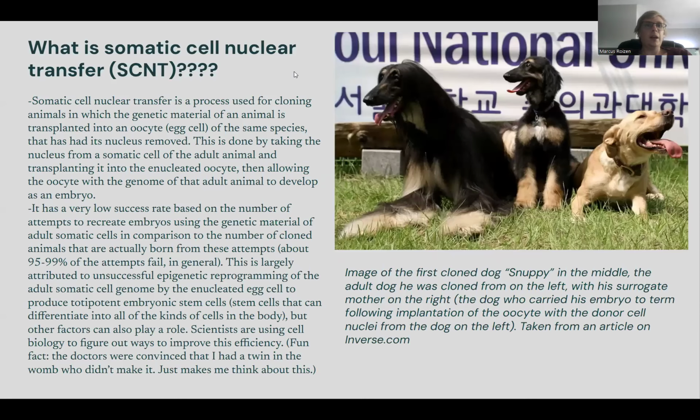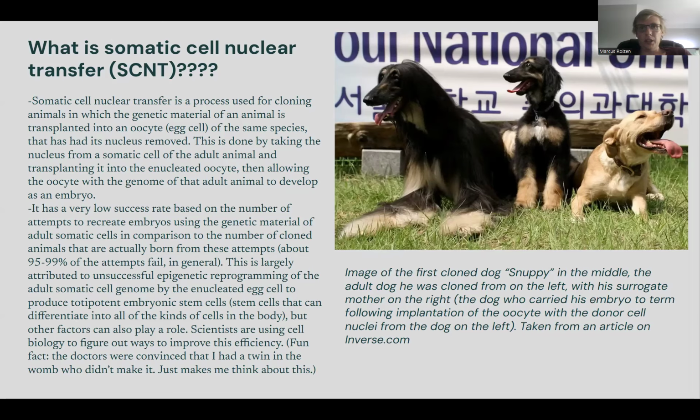So, somatic cell nuclear transfer, abbreviated SCNT, also just called cloning or nuclear transfer, NT. It is a process by which the cell nuclei of adult somatic cells from an animal that you are trying to clone, such as this adult dog here, are transferred into an egg cell that had its nucleus removed. This produced Snuppy, who was the first clone dog, with his surrogate mother here.